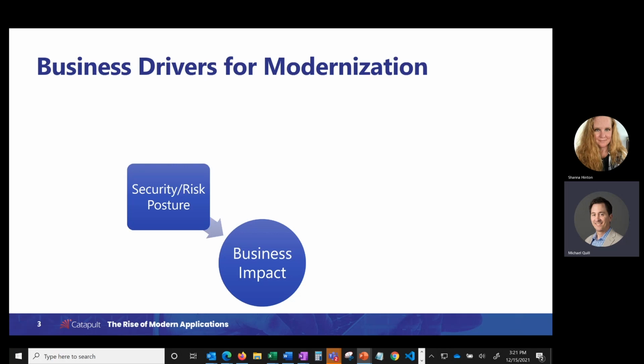One of the first things we're seeing as a key driver from a business perspective is around security and an organization's risk posture. I think there's certainly numerous different controls and advanced technologies for security that are present in the cloud that eclipse the traditional on-prem firewall protection schema.